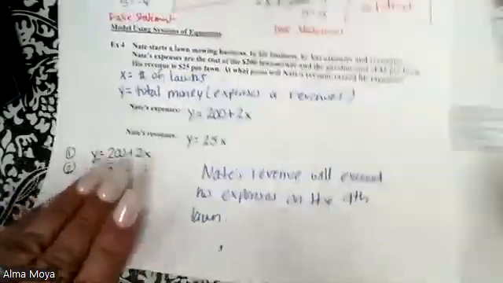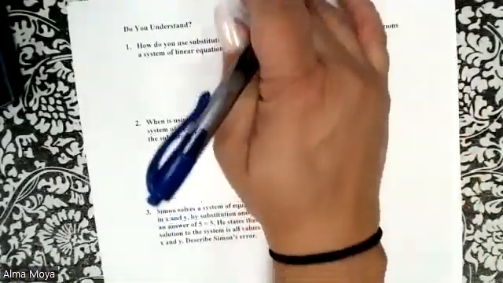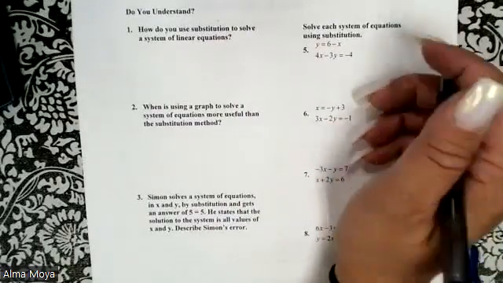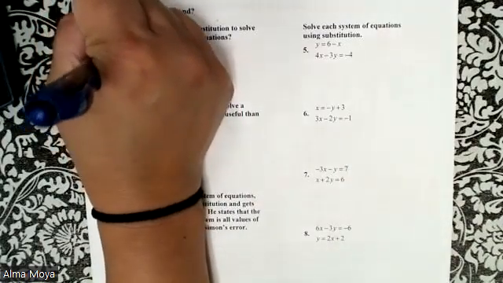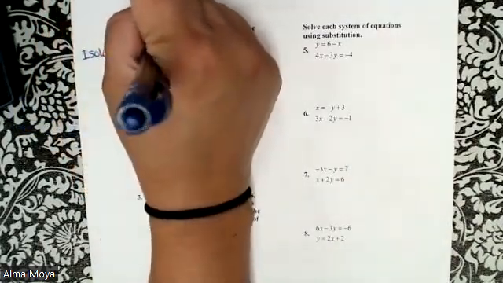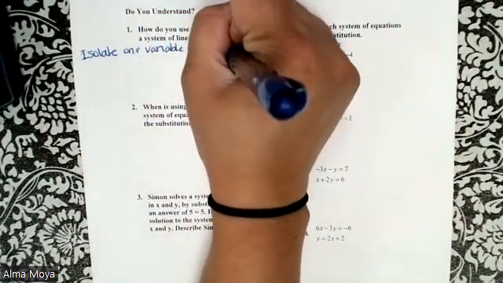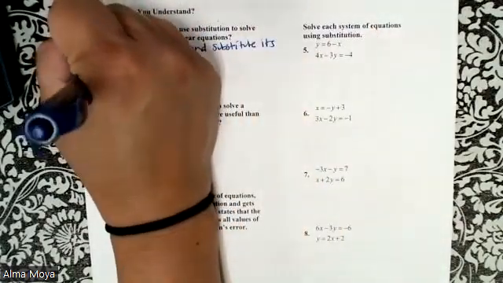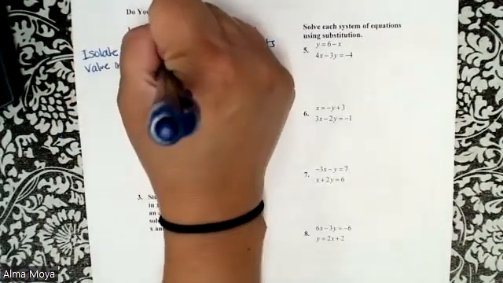All right, let's check for our understanding now. It says, how do you substitute to solve a system of linear equations? You need to isolate one of the variables. We need to isolate one variable and substitute its value into the second equation.